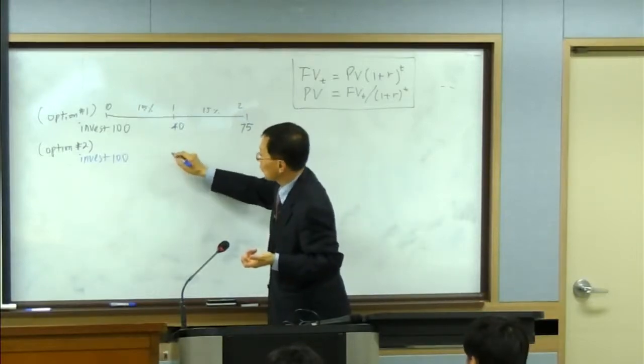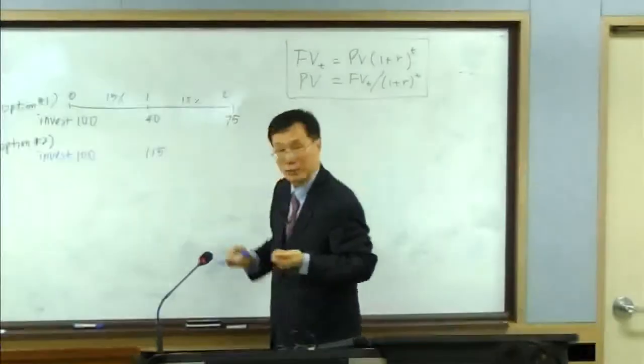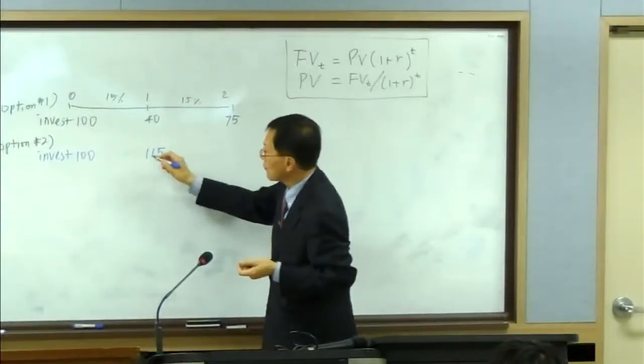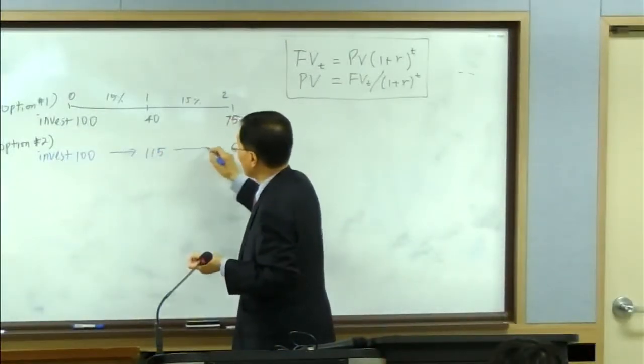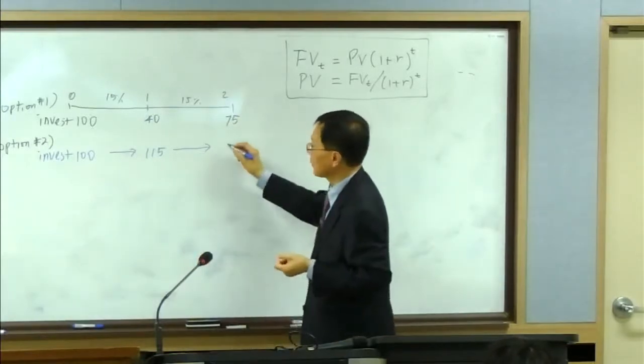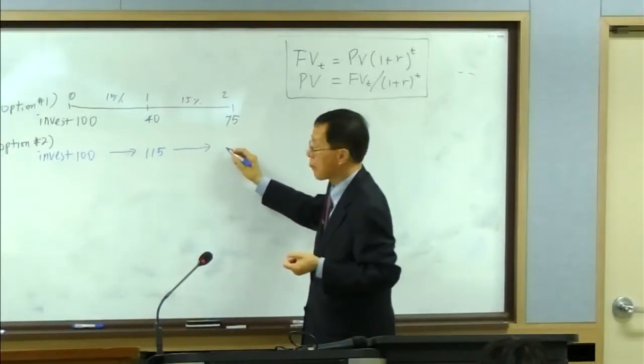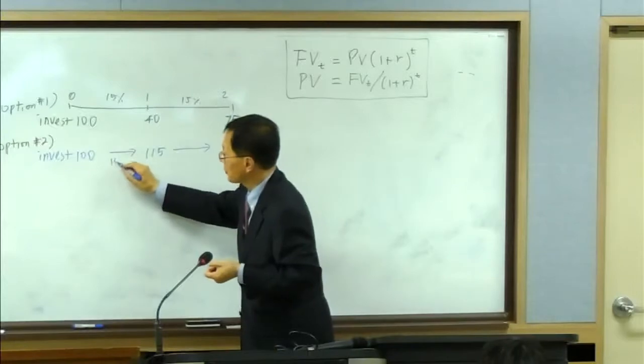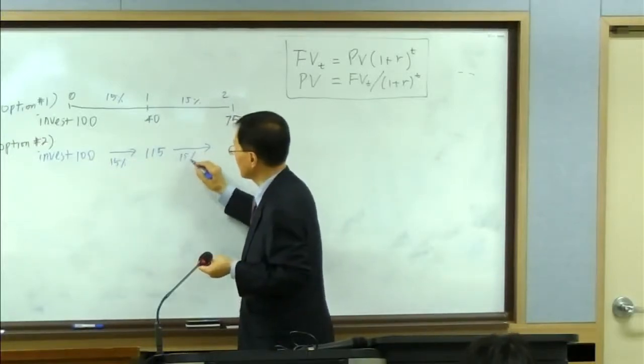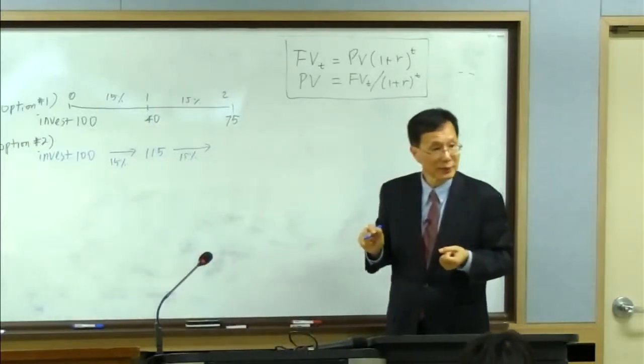So year 1, you have 115, right? And reinvest it at 15%. And how much will you have? 15% and 15%. How much will you have?